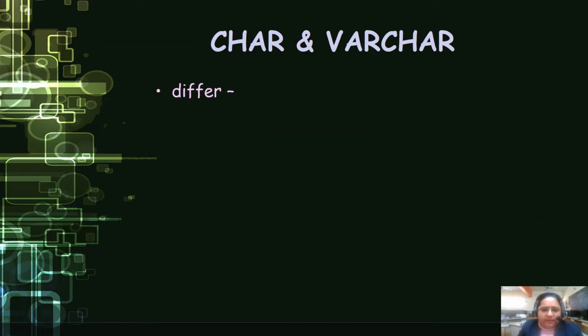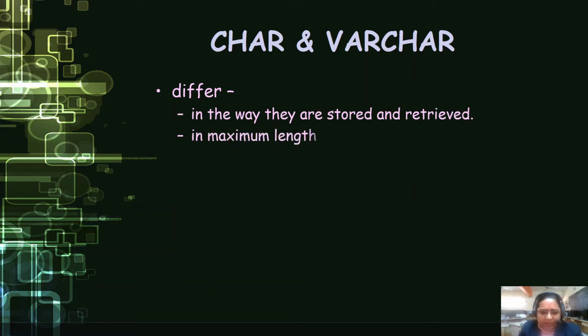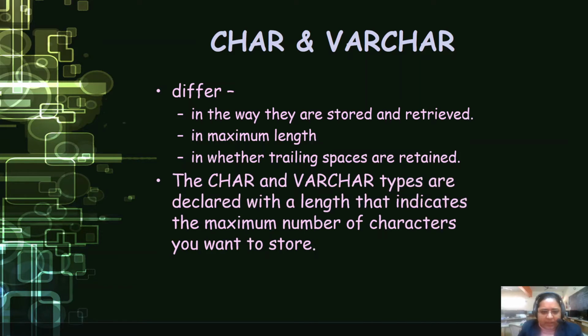Now what are char and varchar? There is a small difference between the two. They differ in the way they are stored and retrieved, in maximum length, and in whether trailing spaces are retained. The char and varchar types are declared with a length that indicates the maximum number of characters you want to store.